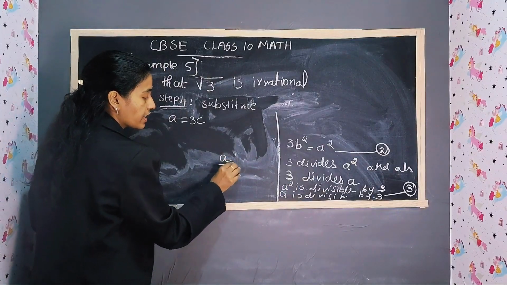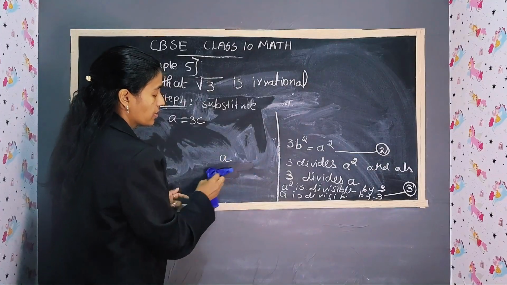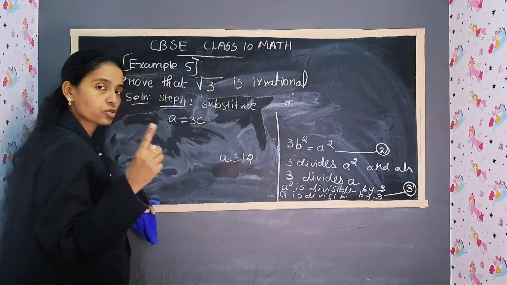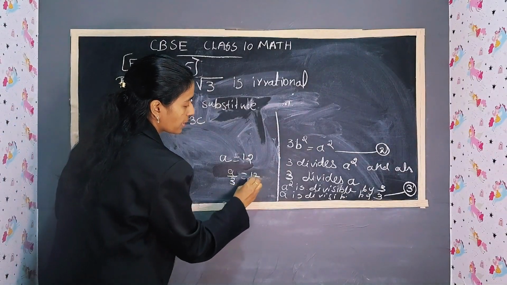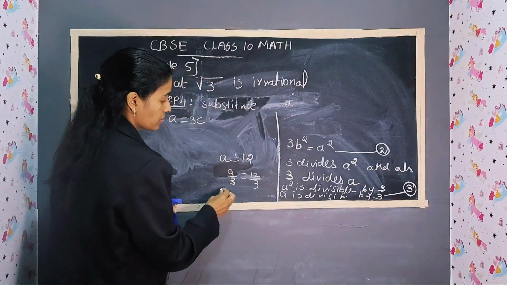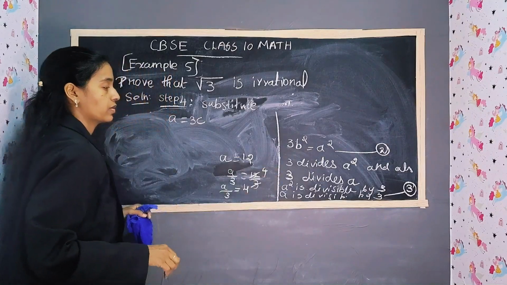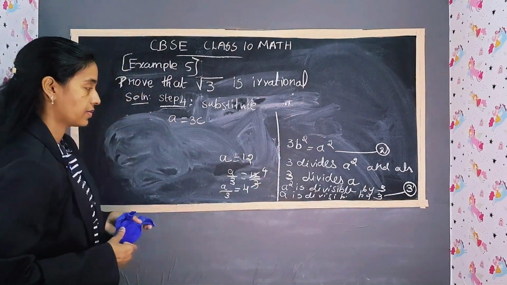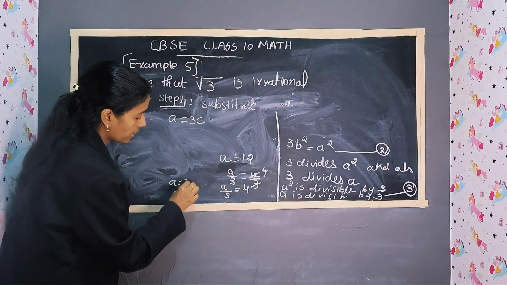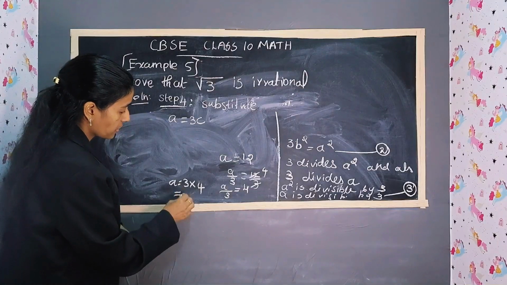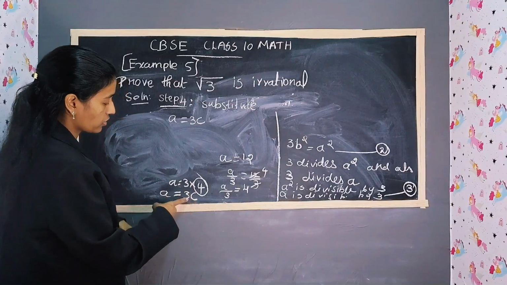So, I can write A divided by 3. Already I have taken A is 12, right? For example, A is 12 and A divisible by 3 means 12 by 3. So, A divided by 3 equal 4, right? 1 3 is 3, 4 3s are 12. Here I have gotten A divided by 3 equal 4. So, I can write 3 into 4, right? So, if I am taking this 4 as C, I am getting A is equal to 3C.